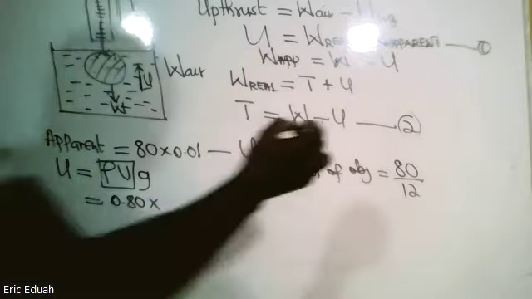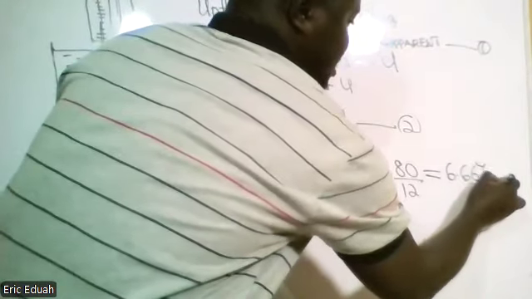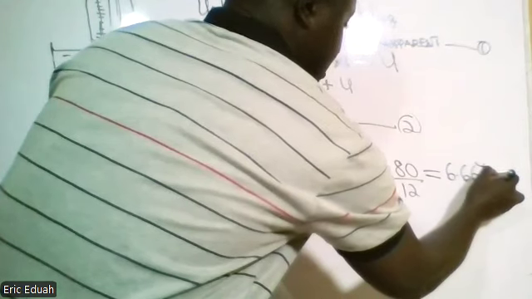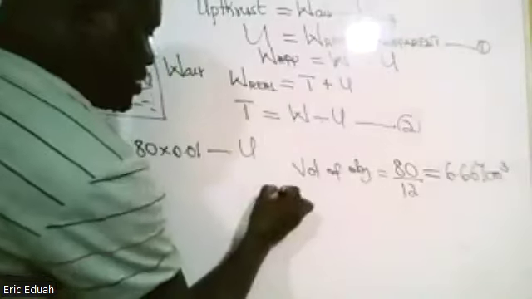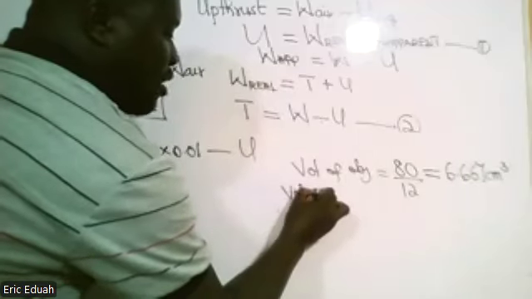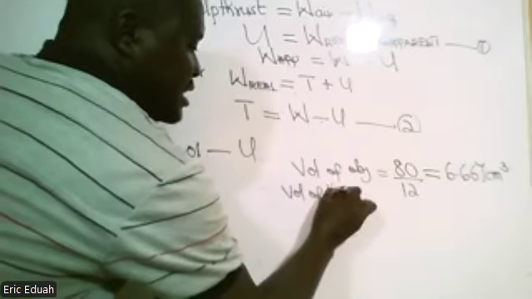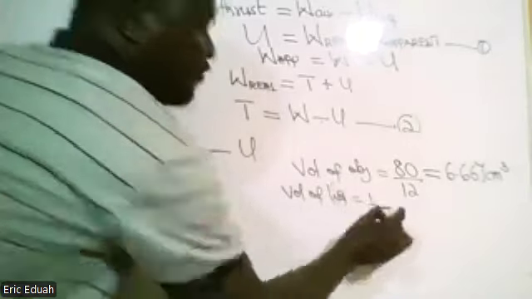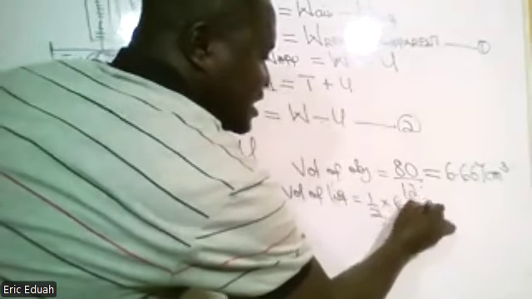So if this is the volume of the object, 6.667, this is in centimeter cube. Then half of this object is immersed, and that would also be the volume of fluid displaced. So volume of liquid displaced will be equal to half of the volume of the object, 6.667.